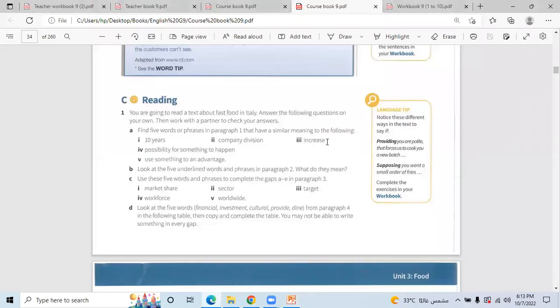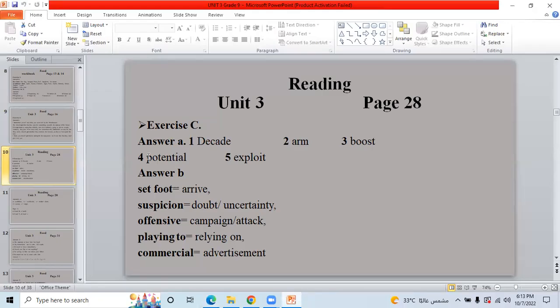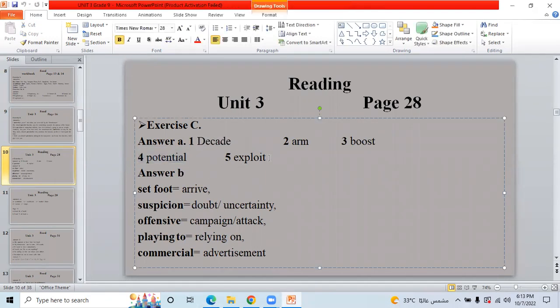Increase means boost, company's division is arm, and 10 years means decade. Then possibility for something to happen is potential, and number 5 is exploit.